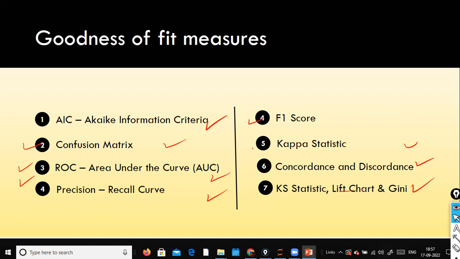But lift chart and KS statistic, for any binary classification we can use these. So 2, 3, 4, 5 are common to all classification problems. Hence, I would suggest you concentrate, understand, and even revisit my videos.